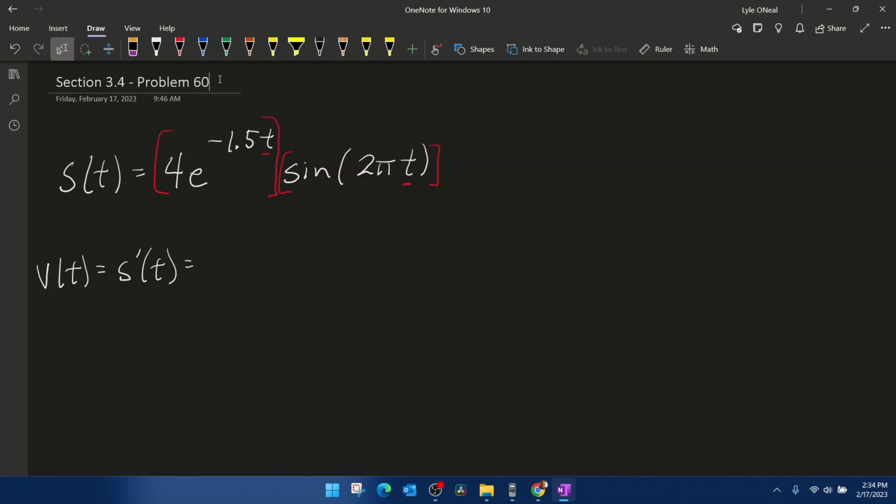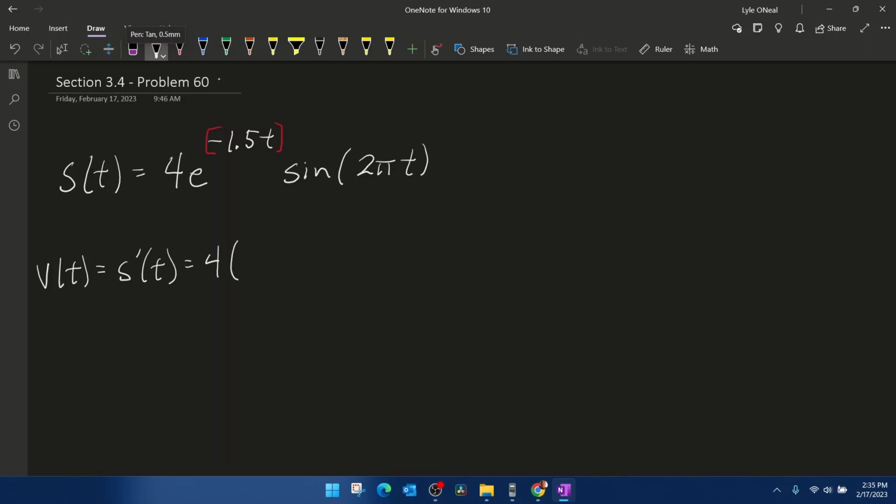We're going to do the product rule, which says you take the derivative of the first times the second. So we're going to have to take the derivative of 4e to the negative 1.5t. Since the exponent is not just t, since it's negative 1.5t, we're actually going to take the derivative of the exponent first.